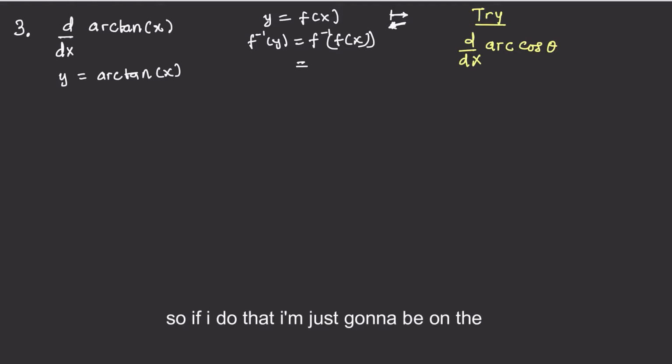So if I do that, I'm just going to be on the same spot. So if this is my x and I apply f, that is to go forward, I'll be at this point. And if I apply the inverse of f, that is by going backward, I'll be on the same spot. So that's why this is x. Then I have this to be f inverse of y. And why is this important? You're going to see that as we progress.